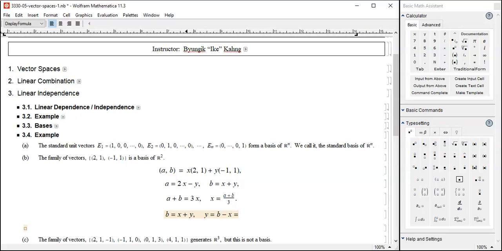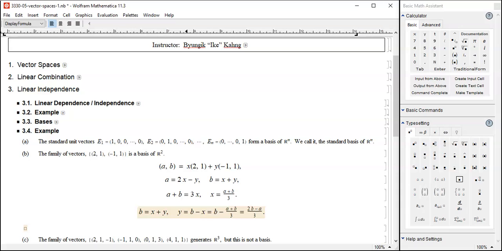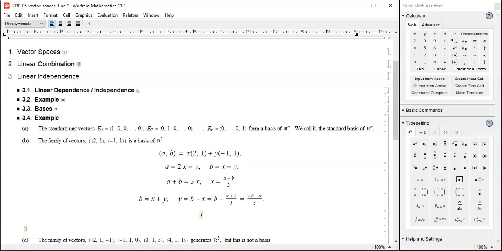That's equal to b minus this, and then this is equal to 3b minus a plus b, so 2b minus a over 3. I hope my mental math is correct here. So we get this.